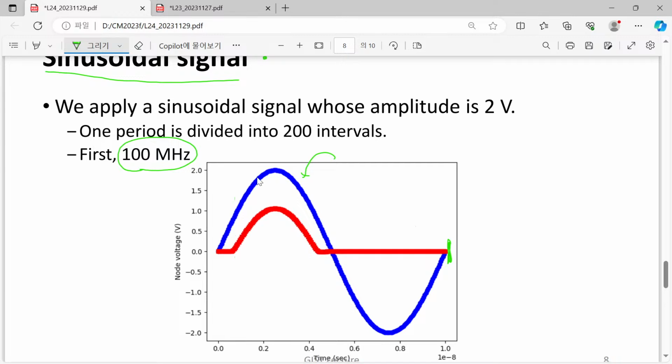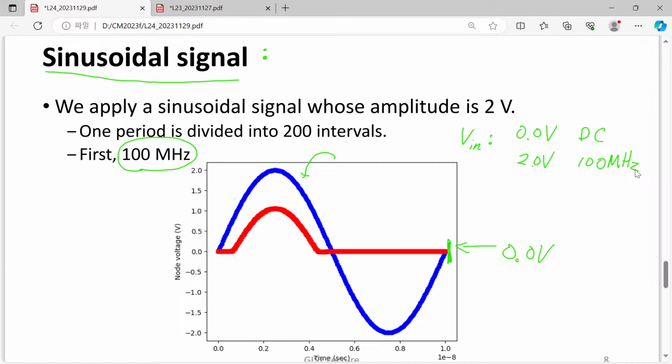You know that since this is a pure sine, its average is just 0. So I want to say that in this case, the input voltage has 0 DC component and 2 volt amplitude for a 1 megahertz signal. That was the input we applied to our rectifier system.